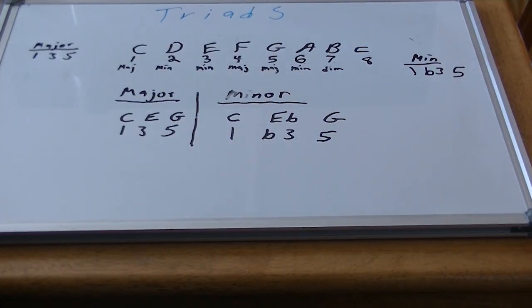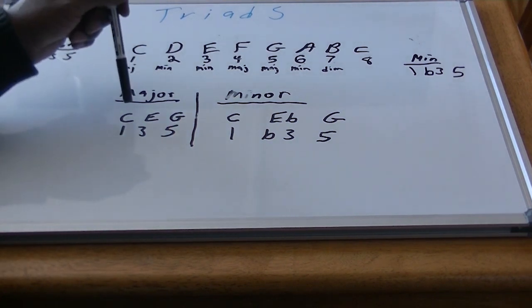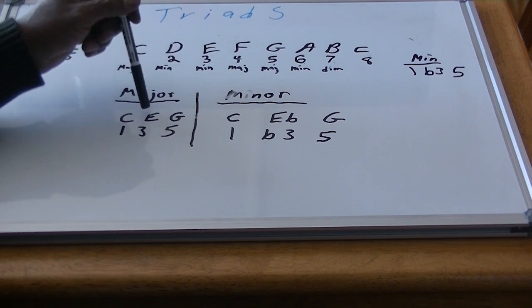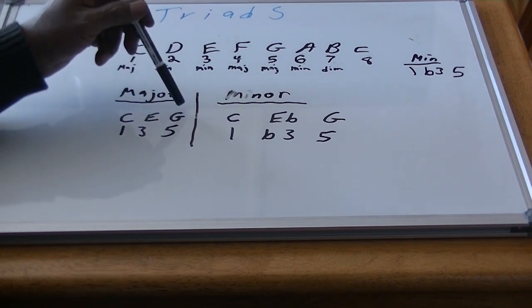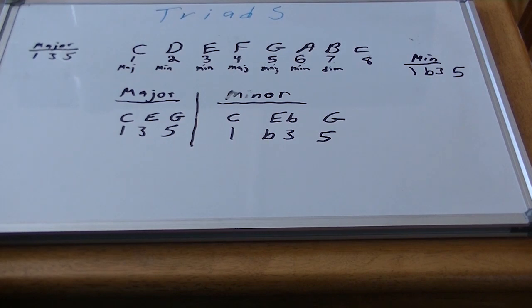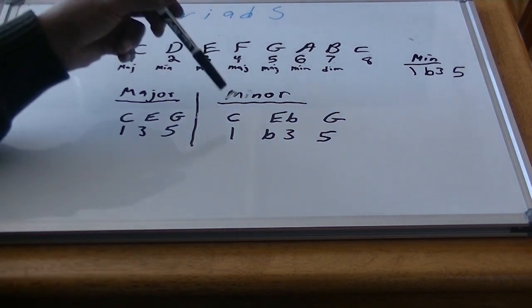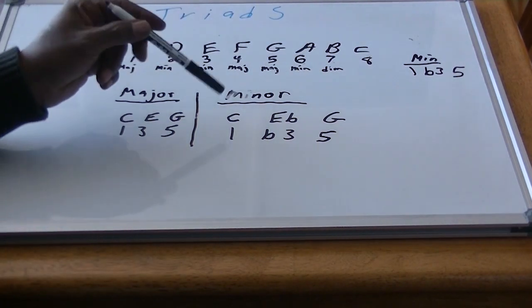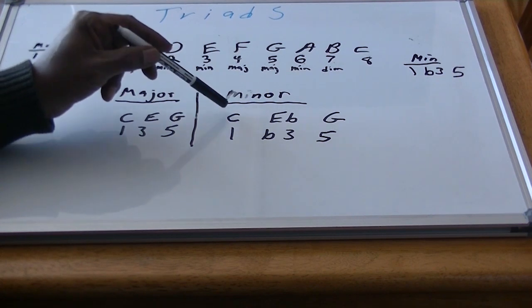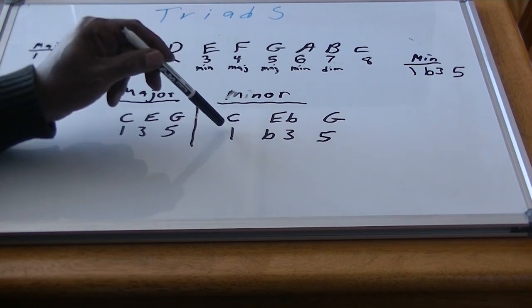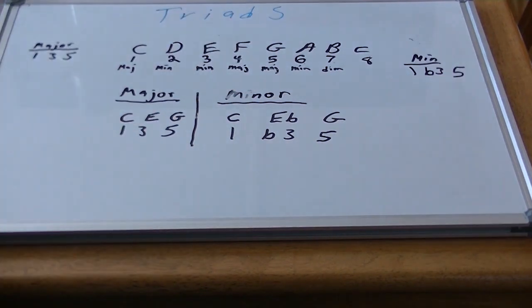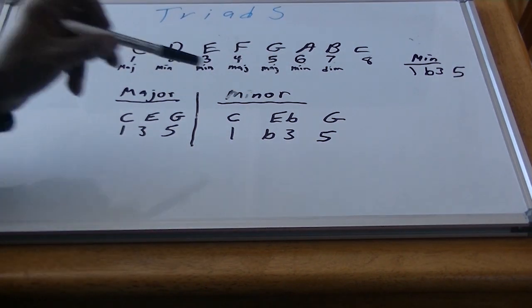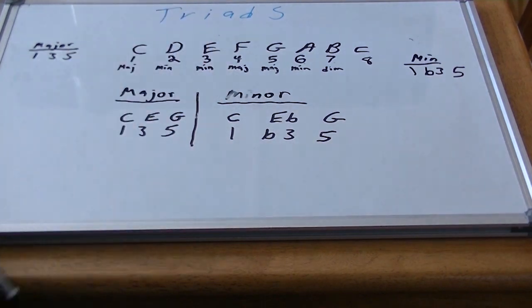So let's just compare these two chords. As I stated before, the C chord takes its notes directly from the major scale. So we have the first, the third, and the fifth notes of the major scale. Now, if we look at this minor chord, I can see that in the minor chord, we have the first note of the scale, and we also have the fifth note of the scale. However, we have the flatted third.